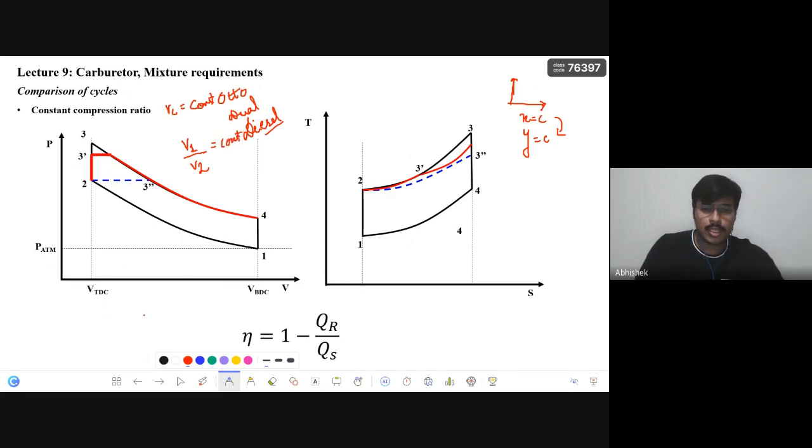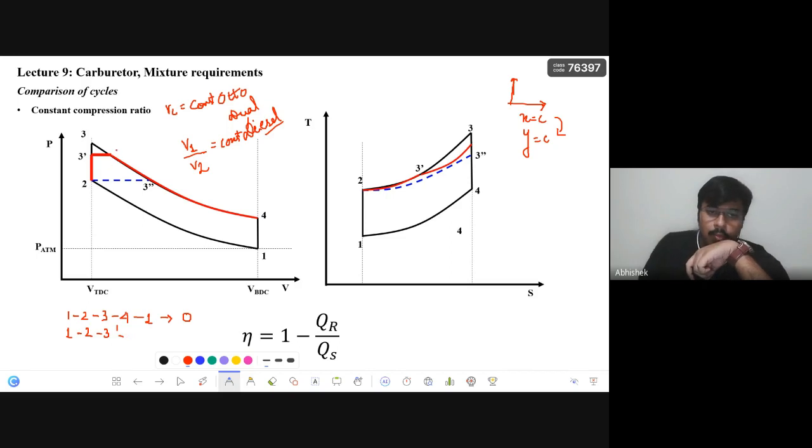So if you see, what I have marked is 1, 2, 3, 4. This is Otto, and back to 1 is the Otto cycle. Then 1, 2, then we'll go to 3 dash.